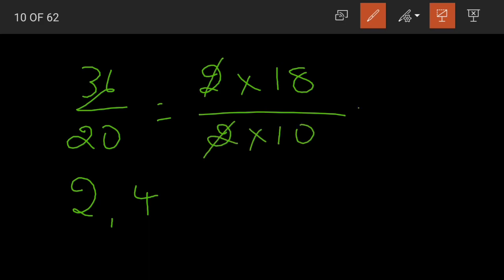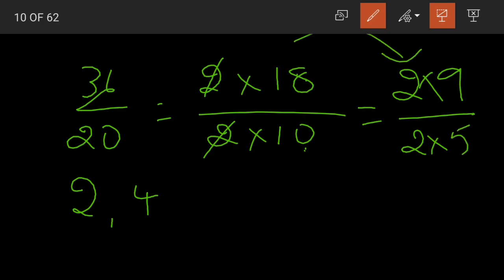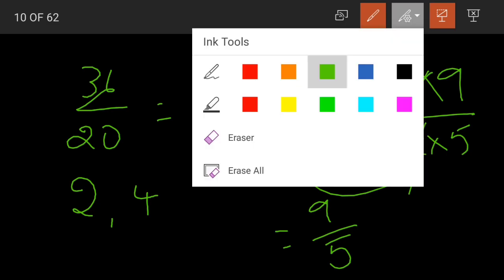Now 2 and 2 get cancelled, so we'll be remaining with 18 by 10. Again 2 9s are 18, divided by 2 5s are 10. Yes, 18 can be written as 2 into 9 and 10 can be written as 2 into 5. Again 2 and 2 get cancelled. The remaining one is 9 by 5.